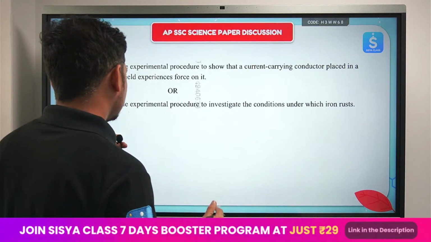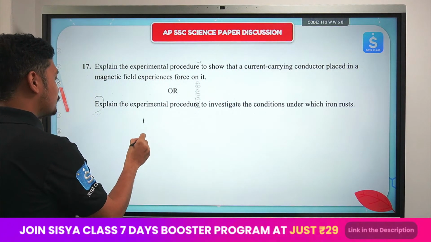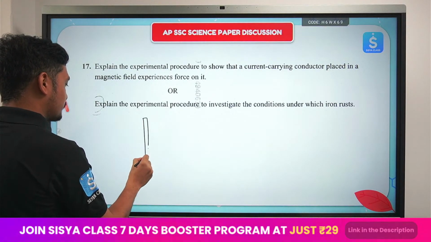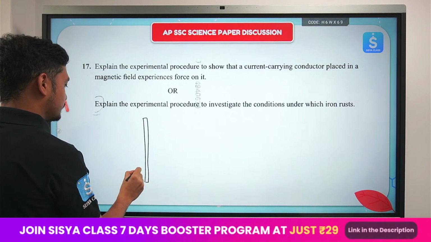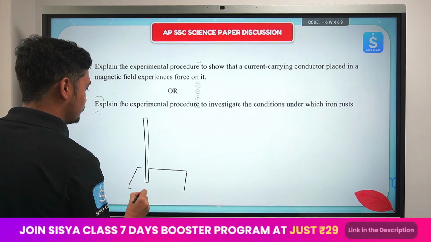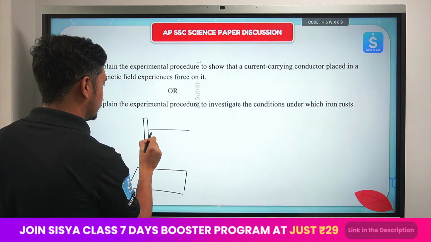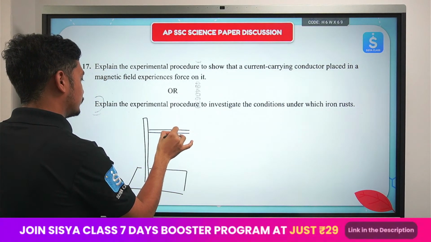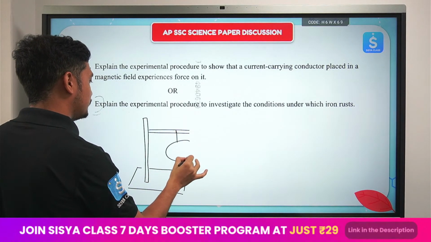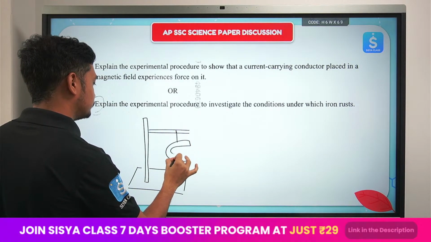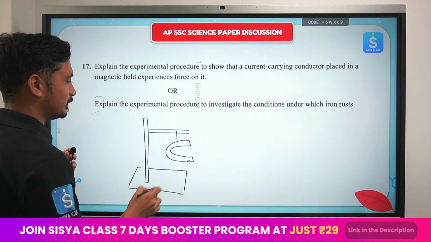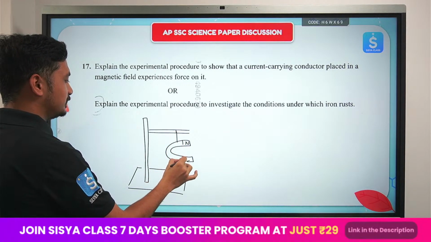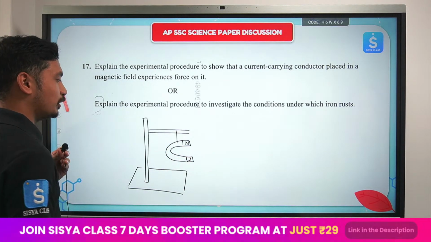So we'll first of all create the apparatus. First of all we'll have a stand, we'll create this stand like this, and here we'll have a suspended magnet. Let's say that here we have a suspended horseshoe magnet, something like this. Let's assume that this is the north pole and this is the south pole of the magnet.